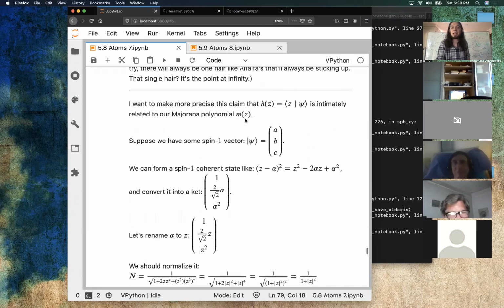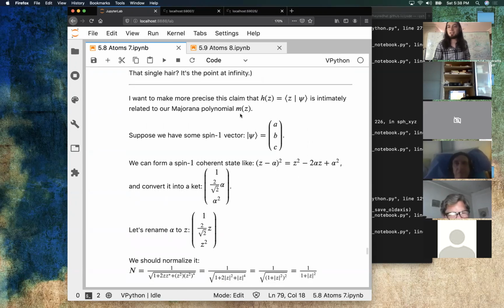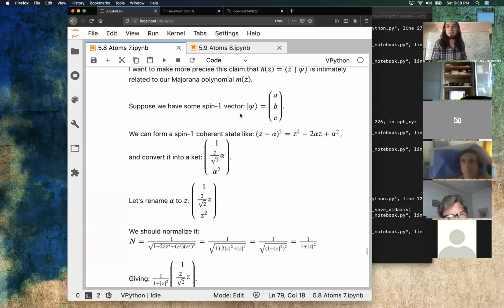So I want to make precise this claim that this inner product of psi with the spin coherent state at Z is intimately related to our Majorana polynomial M of Z, in the sense that they are just antipodal to each other. It's just the constellations, the stars, all sent to the opposite point on the sphere. So we can prove it, and this is kind of fun. Suppose we have a spin 1 vector, ABC.